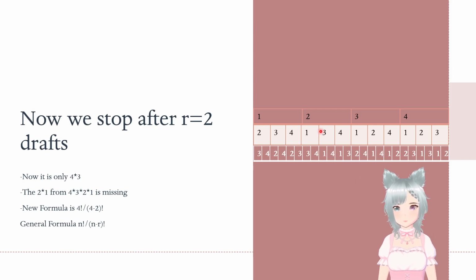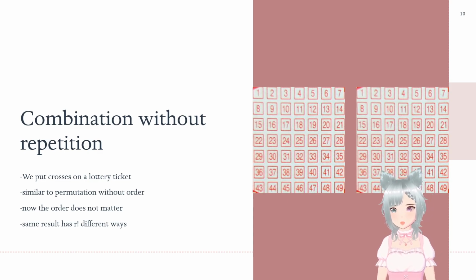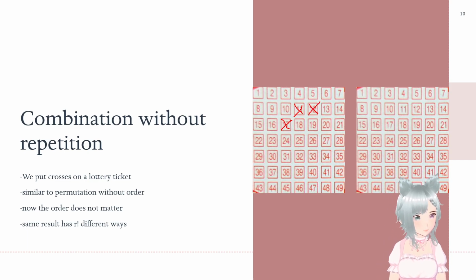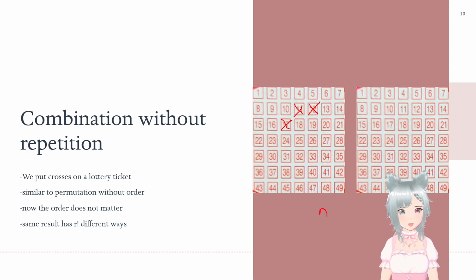If you remember this tree from last time, first we can cross out 49 different numbers, then 48 different numbers, and then 47 different numbers. And this was then just n factorial over n minus r factorial. So we have the same here.